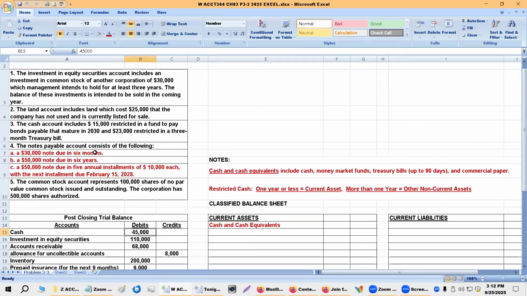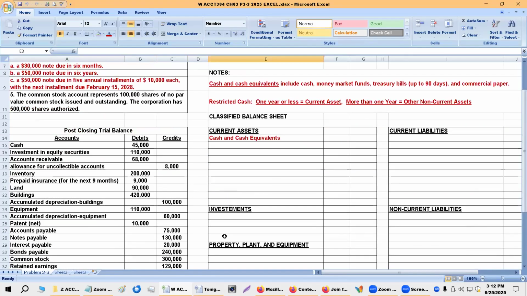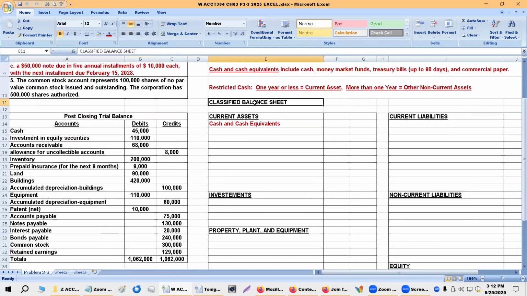Okay, let's go ahead and get started on problem 3.3. This will be similar to what will be on the test. Classified balance sheet.